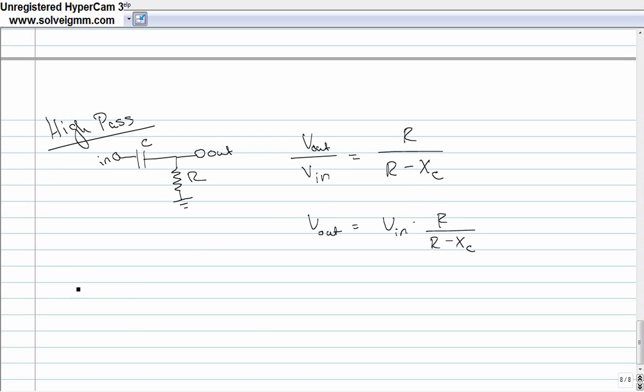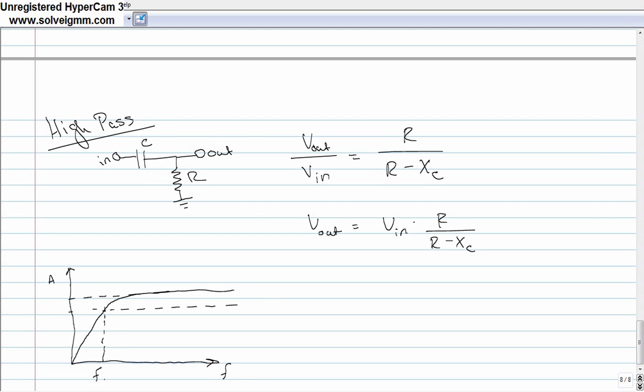And if we were to draw that curve again, there we go. Amplitude, frequency. You get a curve that looks like this. And it follows almost the exact same behavior that the low-pass filter does.